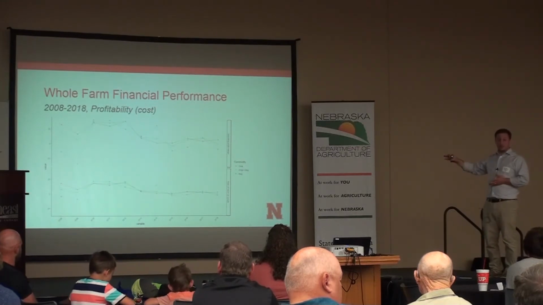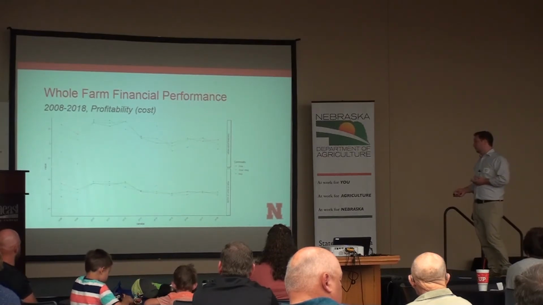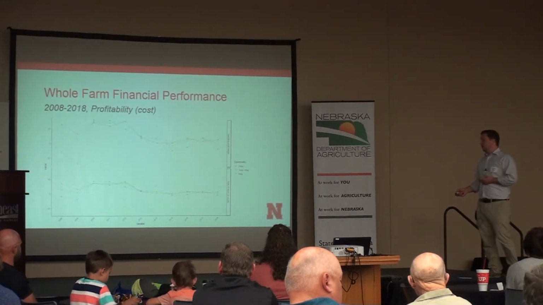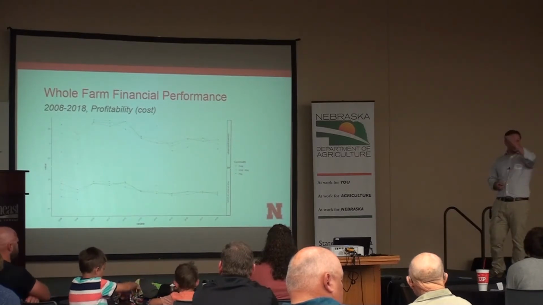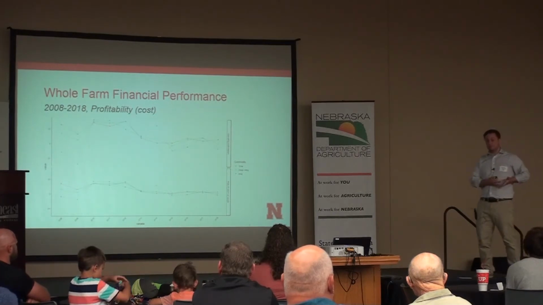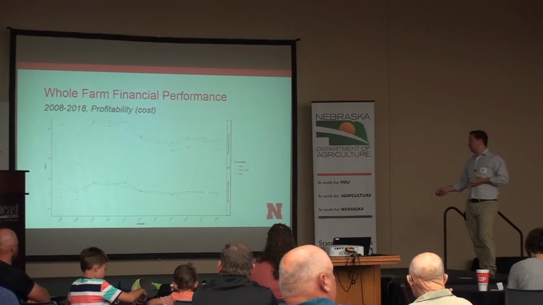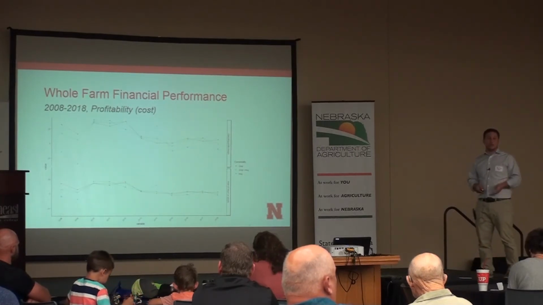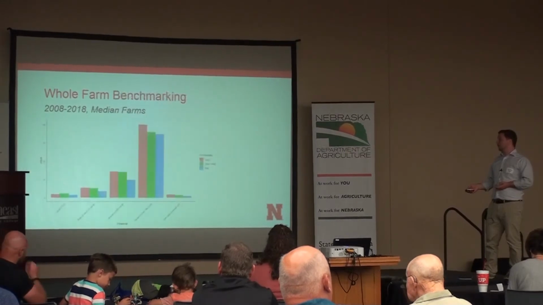It kind of smooths out your operating margin over time. What does that look like to your return on assets? Same thing. You don't get the super high return in the good years, but you also don't take the bottom part in really bad years. It really smooths it out. A crop operation plus a hog operation really smooths that out over time.